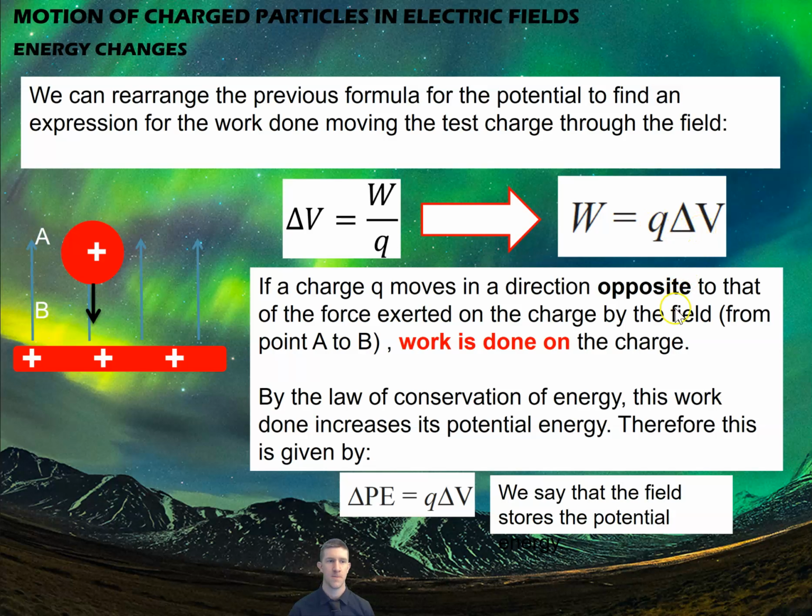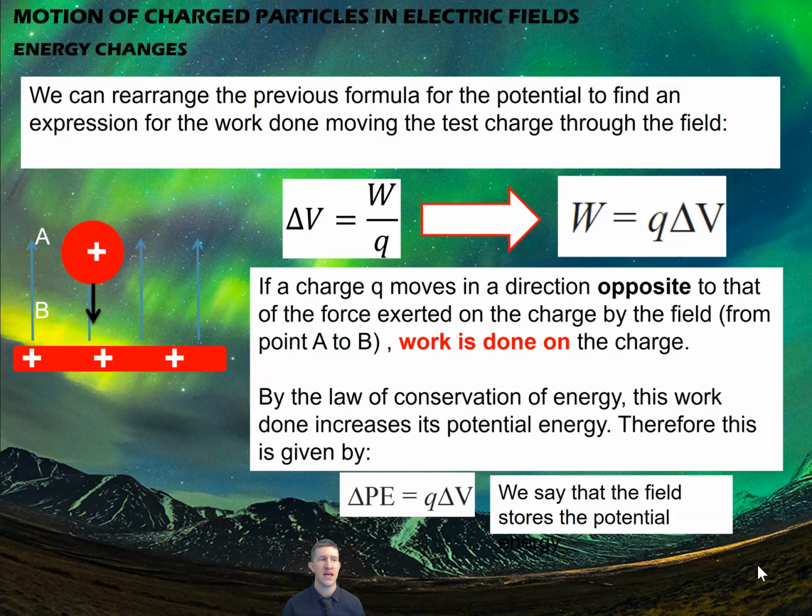So this tells me that if a charge is moved in the direction opposite to the force exerted on it, then work is done on the charge. The concept of work being done on an object or by a field is really important here. You can think of it a bit like paddling downstream or upstream.